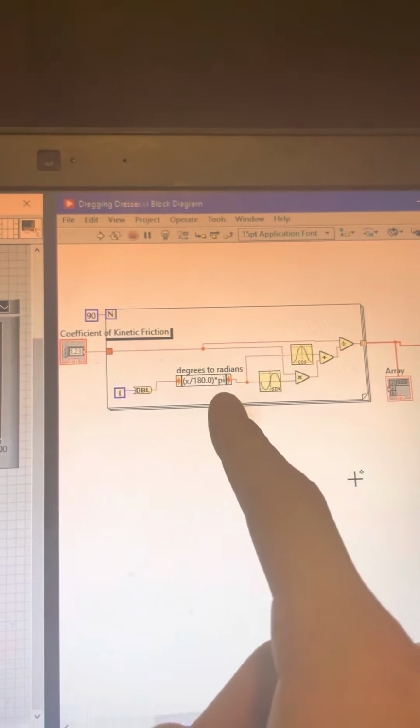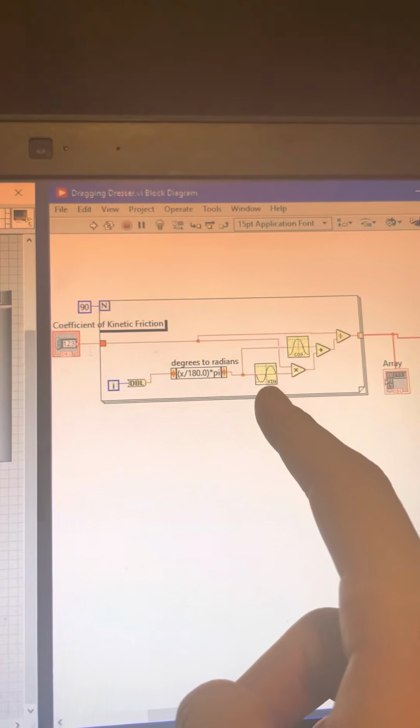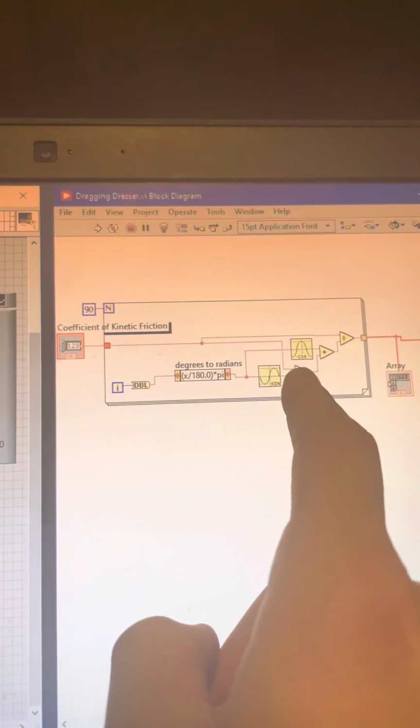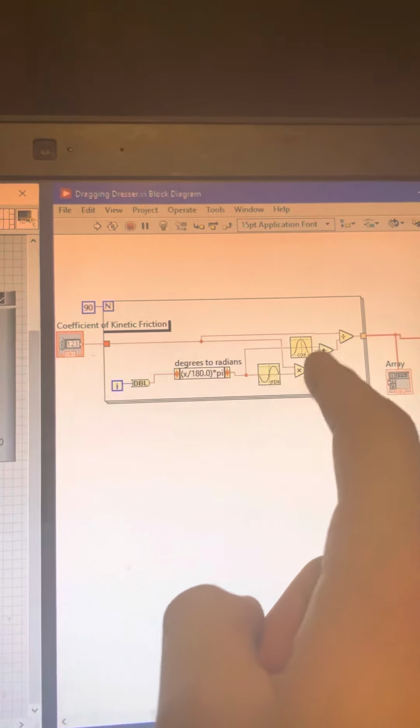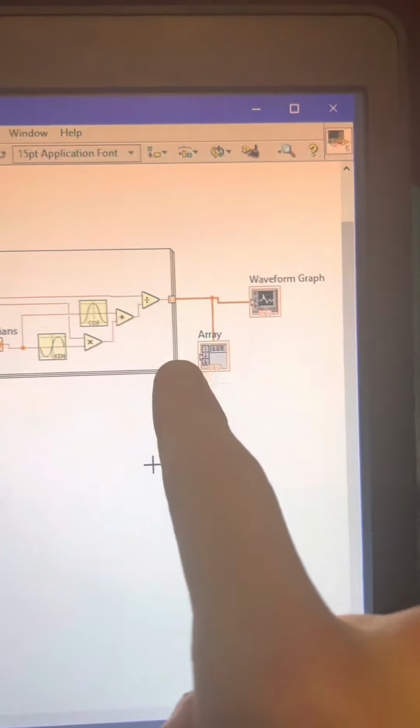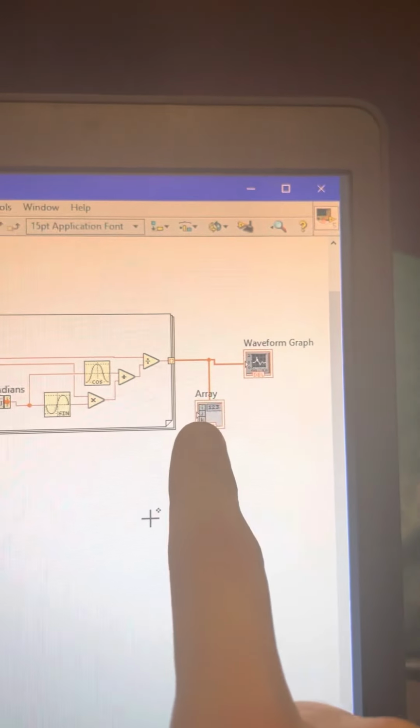This goes into the degrees to radians, it goes into sine, and then the numeric control goes into this, into multiplication, the plus function, and the division function. Because this is the equation right here, this is this. And then this is connected to an array, and this is an indicator attached to the waveform graph.